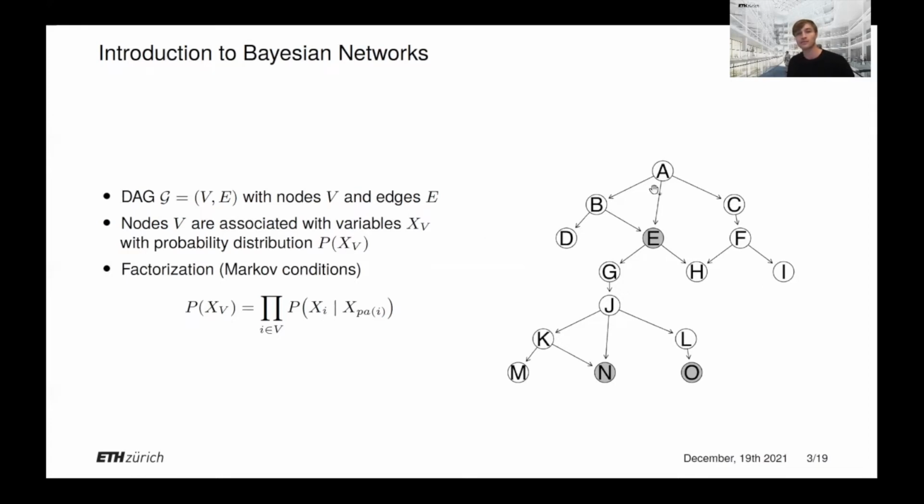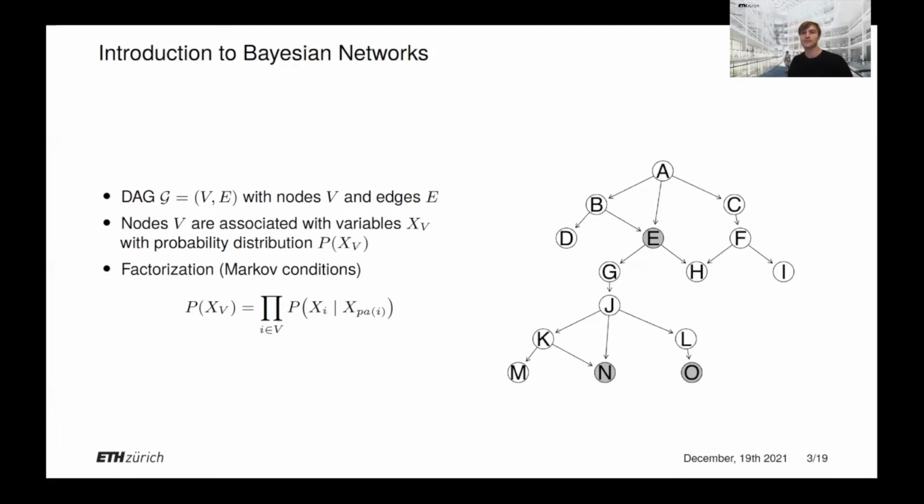And a very neat property is that you have this factorization, meaning that the probability of the full set of variables, right, so the completely observed variables, can be written as the product of the probability of the single node given its parents, right? And that makes the use of Bayesian networks computationally very efficient. It's also known under part of the Markov conditions.